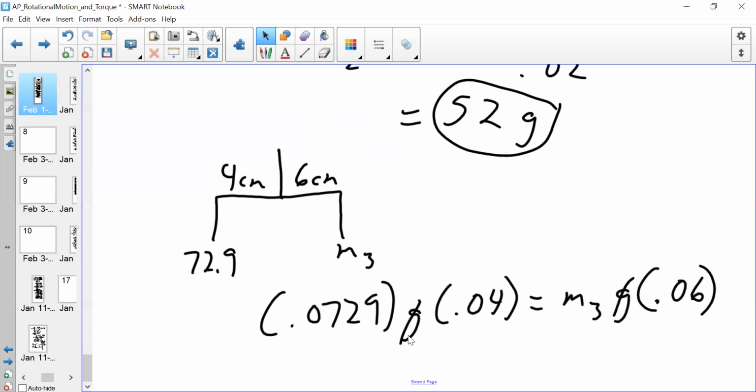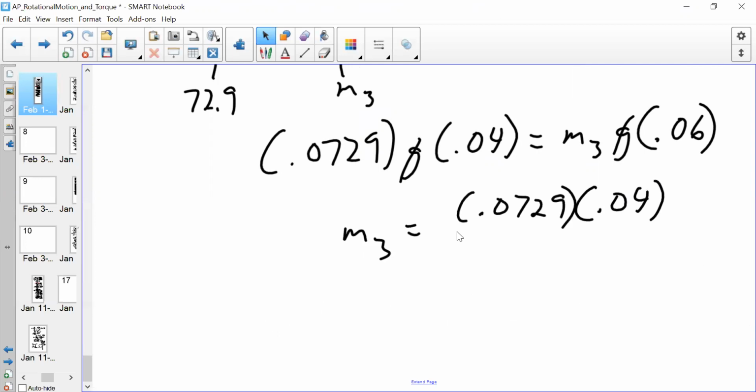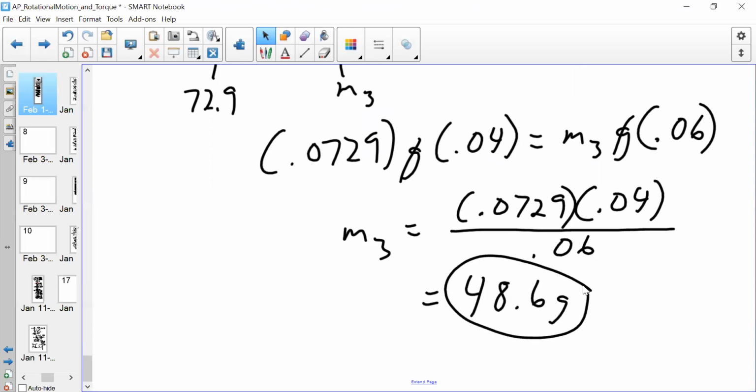And again, G's cancel. And you solve for M3. And that's roughly 48 or 48.6 grams for M3.